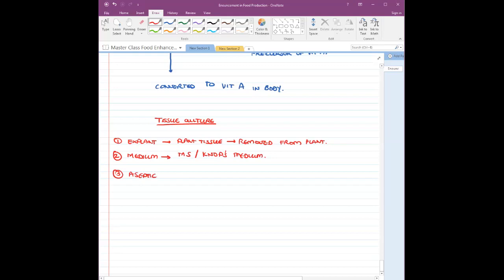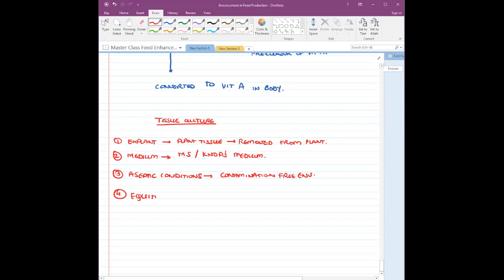Aseptic conditions means germ-free conditions, so that there is no contamination of our cells while we are working. So aseptic condition, that is a contamination-free environment.